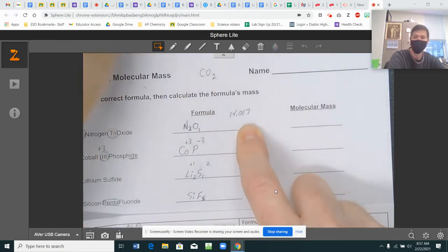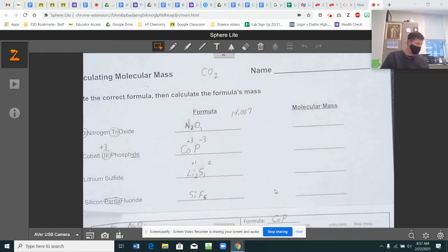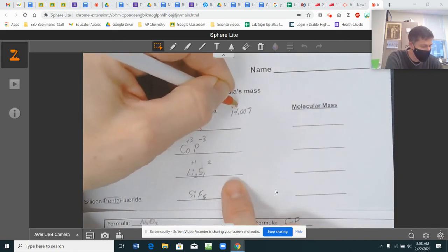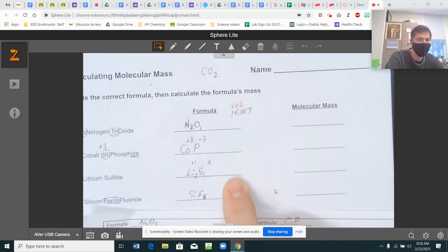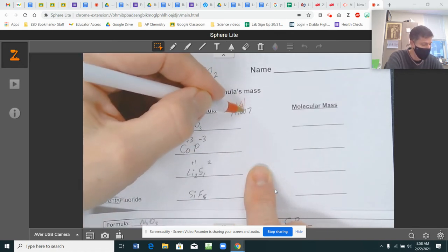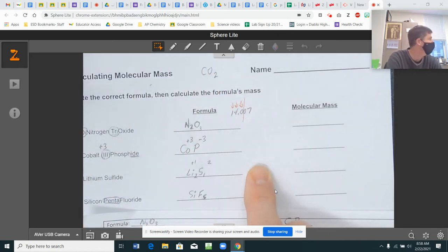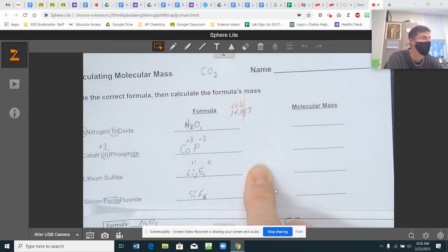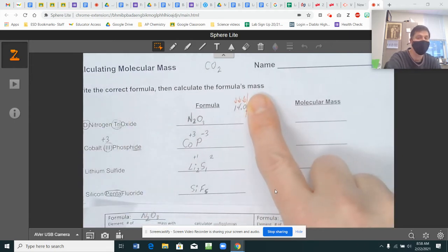I need 3 significant digits, and my colored pencils are over there. So 1, 2. So I've got to keep marking, right? I always start at the left, go over. So I'm going to bring you over to this 0. My number has to cut there because that's my 3rd digit. I look 1 spot beyond it. Can it round? So that means the mass of my nitrogen is 14.0.